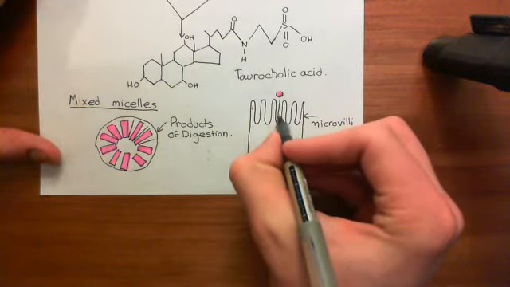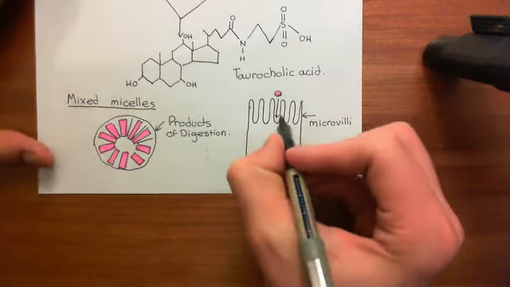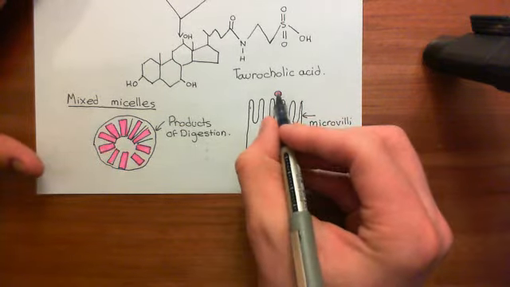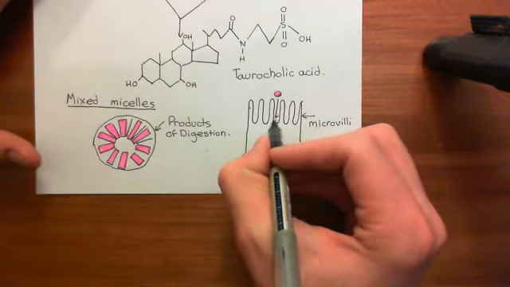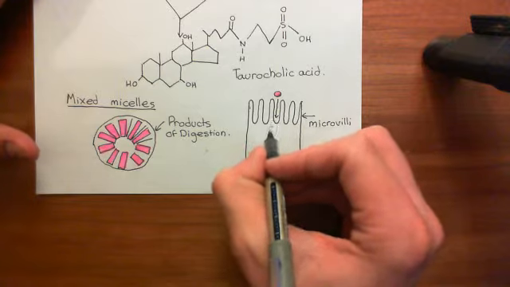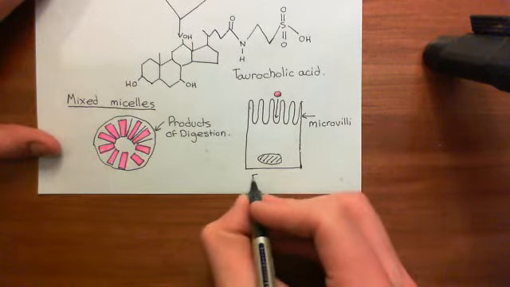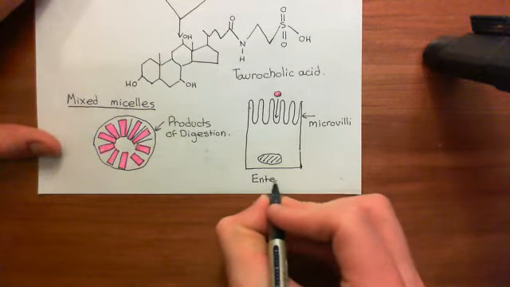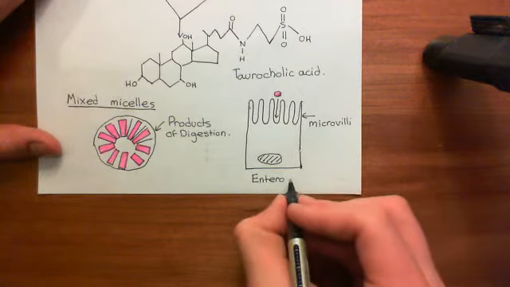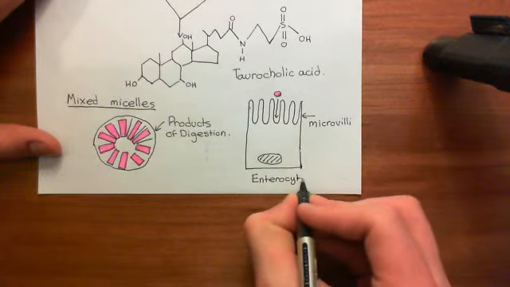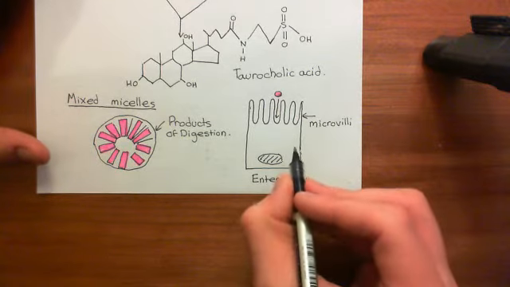So this little mixed micelle will come down here into this gap between neighbouring microvilli, and then what's going to happen is the products of digestion that the mixed micelle is carrying will go from the mixed micelle into this enterocyte. Okay, so this is an enterocyte. Okay, and it's just an epithelial cell, a simple columnar epithelial cell that is on the surface of the small intestinal wall.